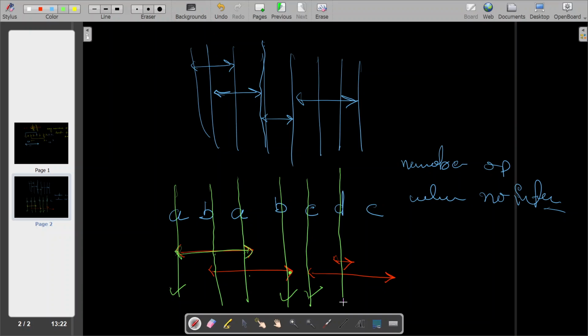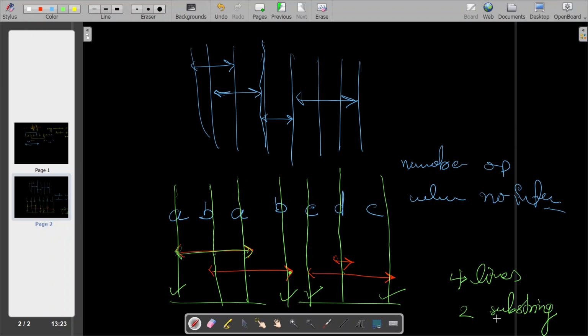If you see here, can we take this or not? We cannot take this. Now we are here, we can take this. So how many lines are there? There are 4 lines, meaning 2 substrings, because each substring has a starting point and an ending point.